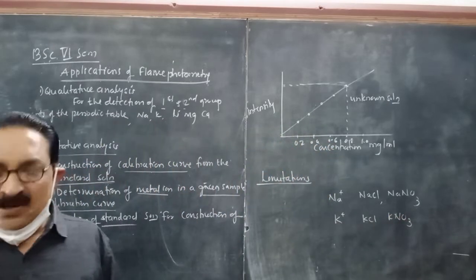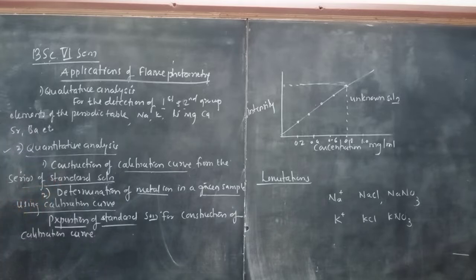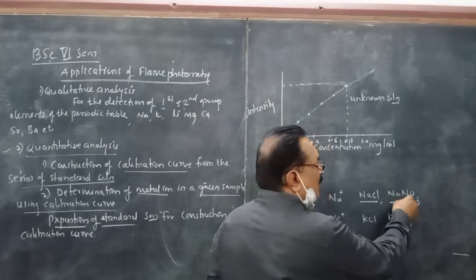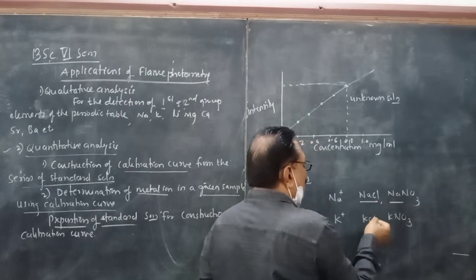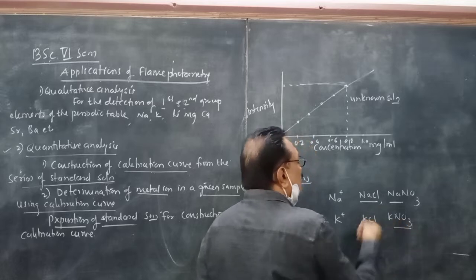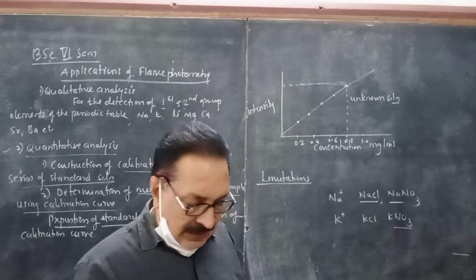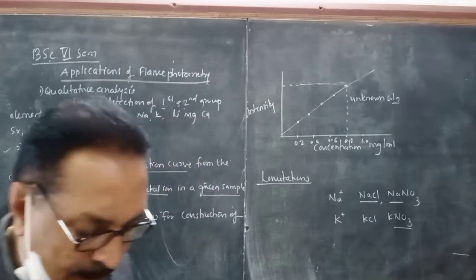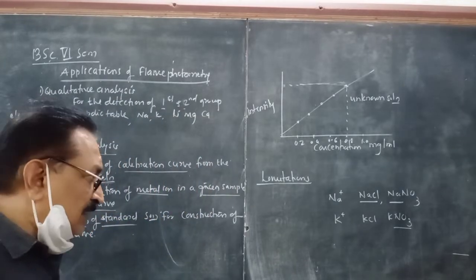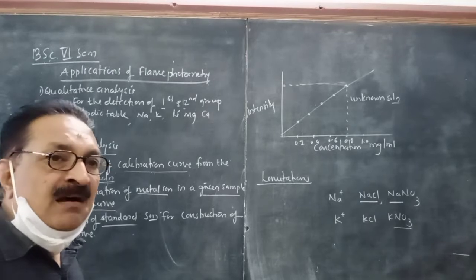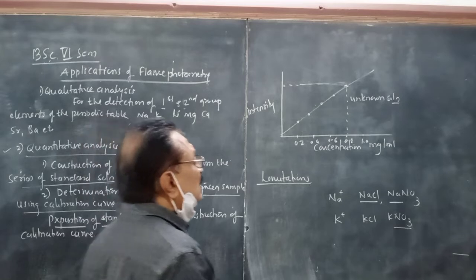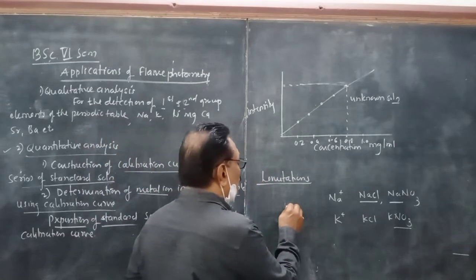A known mass of any compound, either NaCl or sodium nitrate, or potassium chloride or potassium nitrate, is dissolved in distilled water and made up to a known volume by using the volumetric flask.